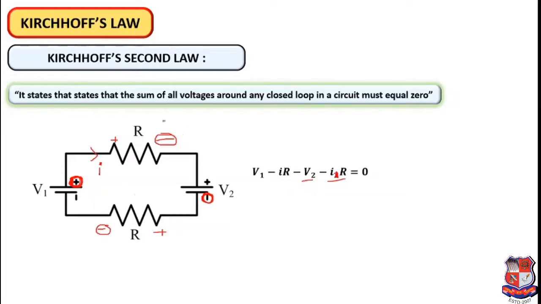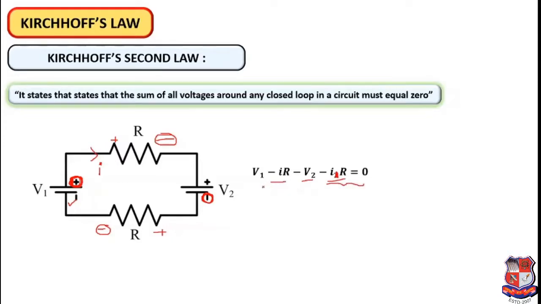So you can make your equation by your own method. You can also go with the negative sign, but I have taken this, and I suggest using this method. It would be easy to write equations, because I have taken all the elements other than voltage sources as negative sign. It means that they are drops, so drops are always represented by negative signs.